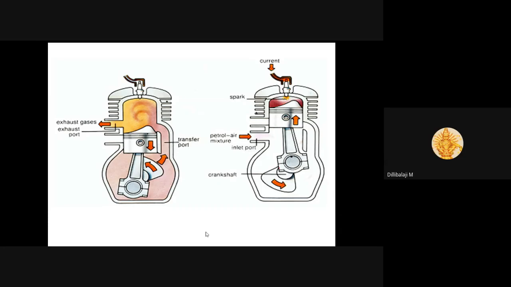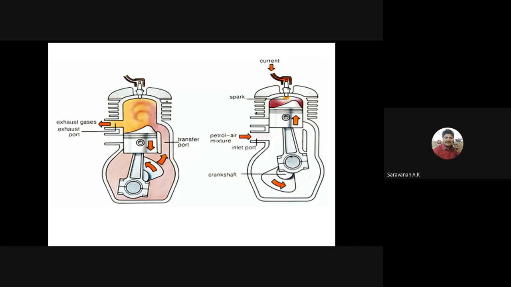See here the exhaust stroke, right? The exhaust port and the transfer port. Once the burned gases push the piston towards the downward direction, first it will open the exhaust port. So what will happen?